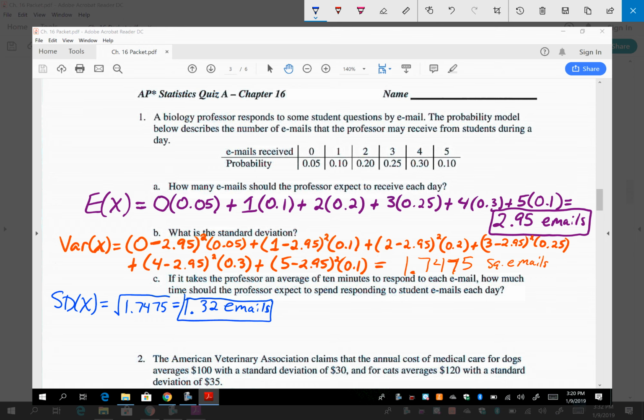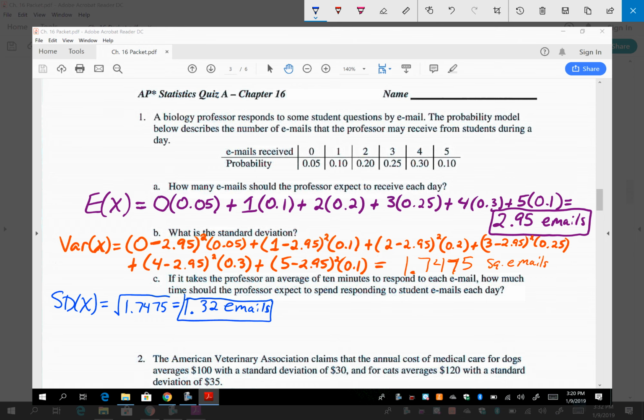What if instead of these numbers being 0, 1, 2, 3, 4, 5, it was 0, 5, 10, 15, 20, 25? Then what would happen to this standard deviation? It'd be bigger. It'd go up. The further spread out your data is, the larger your standard deviation is going to be. It's a measure of how spread out your data is.